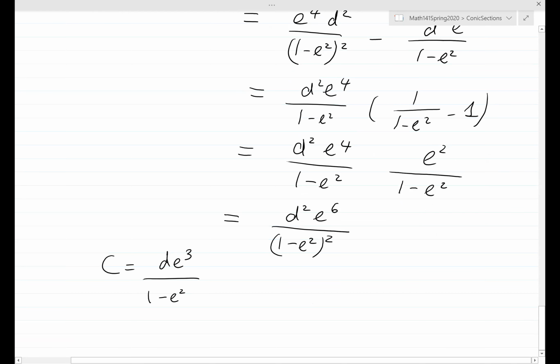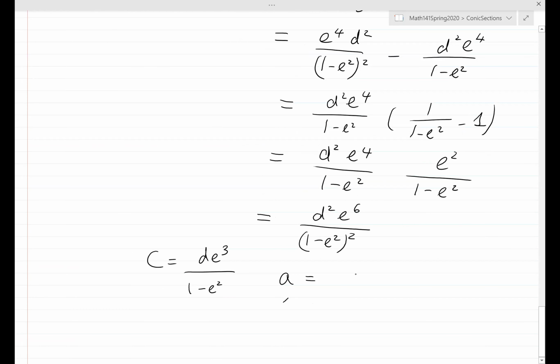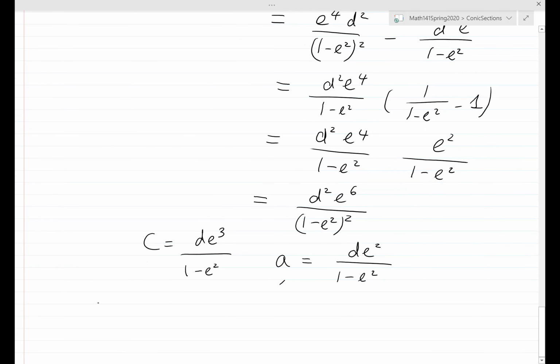So you see, by our choice, a is d e squared over (y minus e squared). If you divide c by a, with a lot of cancellation, you get exactly e. So the definition: e is the ratio of the distance PF over PL.